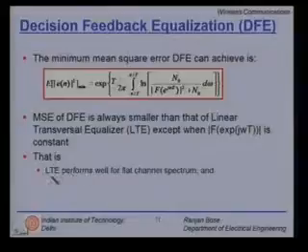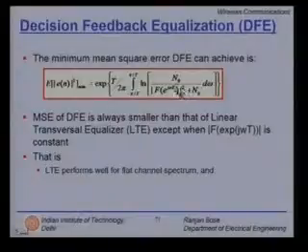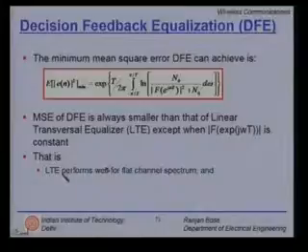Now, LTE performs well for flat channel spectrum. Here F(e raised to j omega T) is the channel spectrum that we are talking about. For a flat channel spectrum, our general linear transversal equalizer works well.